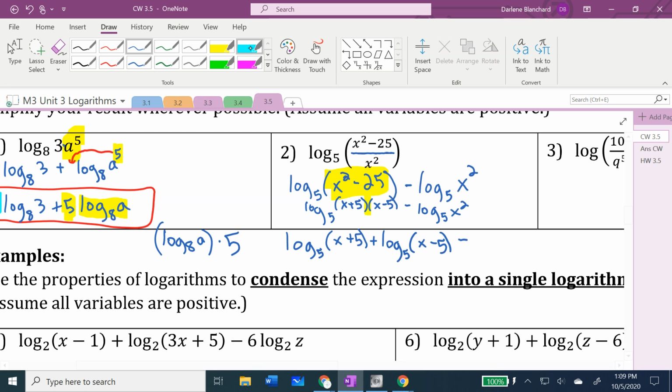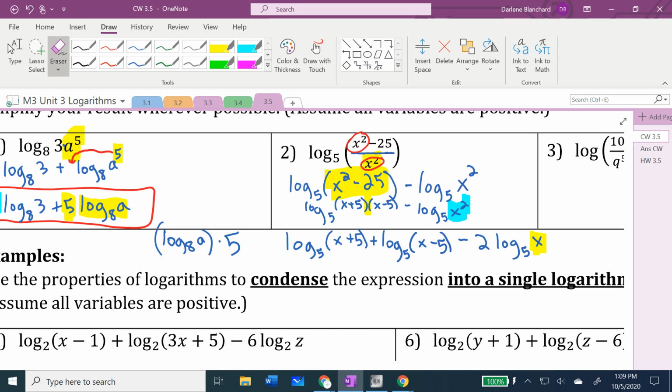But also, this x squared can have the 2 brought in front. That 2 can only be with the x because only the x had that exponent. But also part of showing you this is to show you that you've got an x squared here and you've got an x squared here.